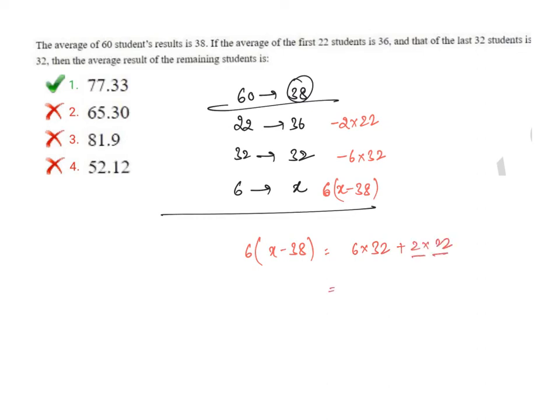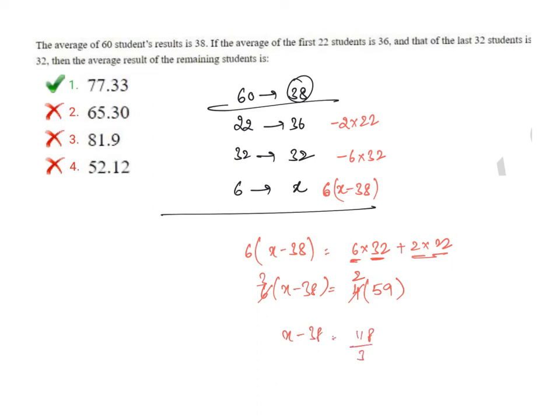Take 4 common from this. So 8 here, 8 into 6, 48, and it is 11. So therefore it must be 59 is equal to 6 into x minus 38. Cancel it. X minus 38 is equal to 118 by 3.